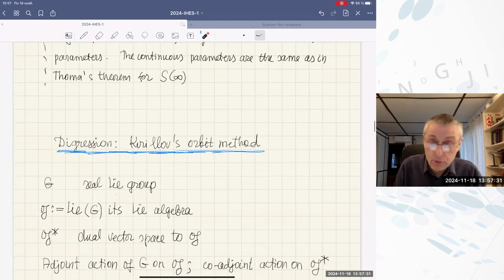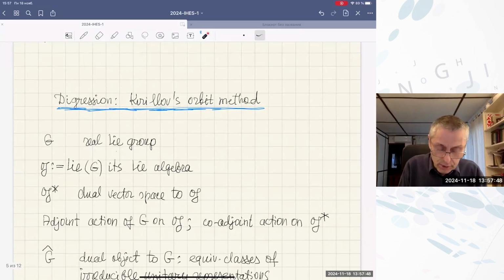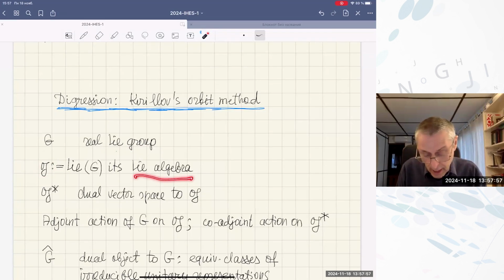But now I would like to present some digression, which will explain our development of the ideas of this group. The digression is related to Kirillov's orbit method. Let me recall what this is. So assume for a moment that G is a real Lie group, not infinite dimensional, an ordinary Lie group. Gothic g is its Lie algebra, and g star is the dual vector space.